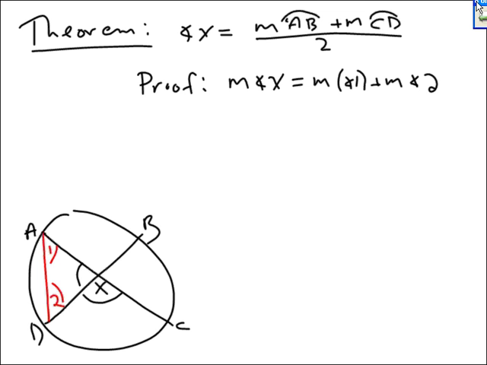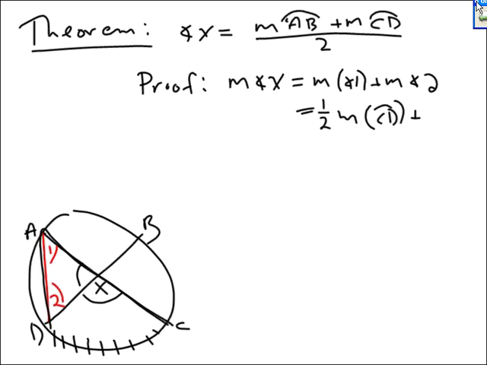But now, what is the measure of angle 1? Angle 1 cut off this arc, so it must be 1/2 the measure of arc CD.